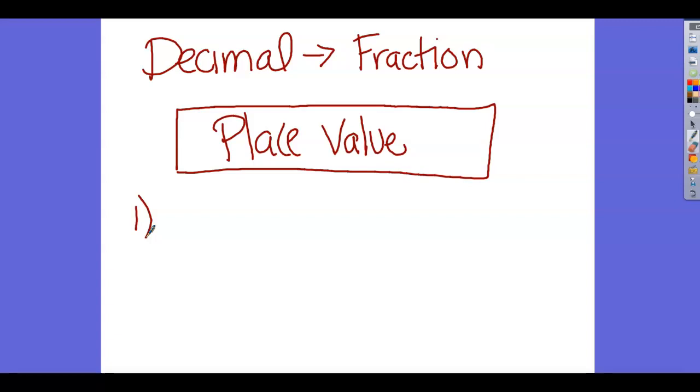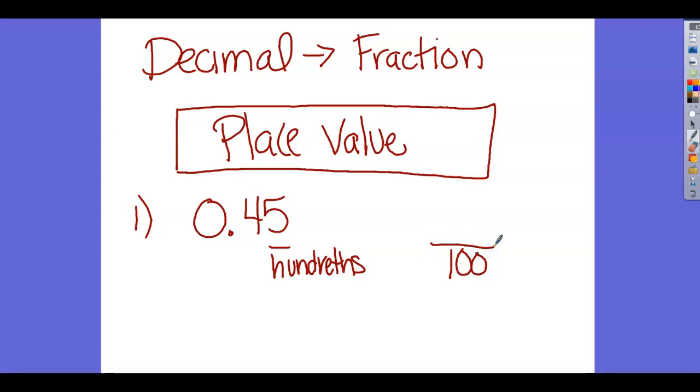Your first example is going to be 0 and 45 hundredths. The first thing you're always going to do is look at the smallest place value, which would be the 5, and I already said that is in the hundredths place. If you need to check your place value chart, you can. It's 2 past the decimal. So since the 5 is in the hundredths place, and that's the smallest place value, 100 is my denominator, and then your numerator is just the number, so 45.